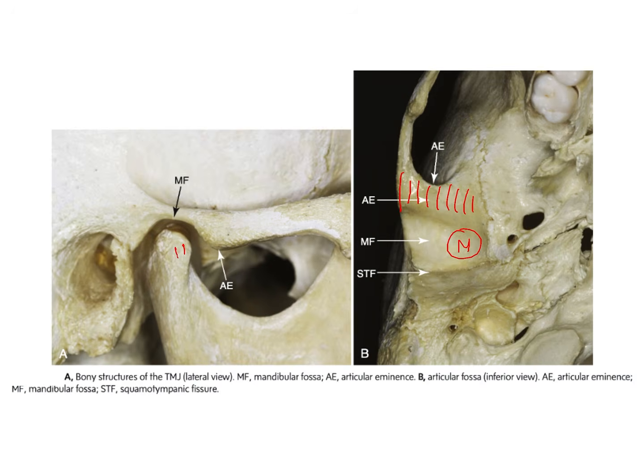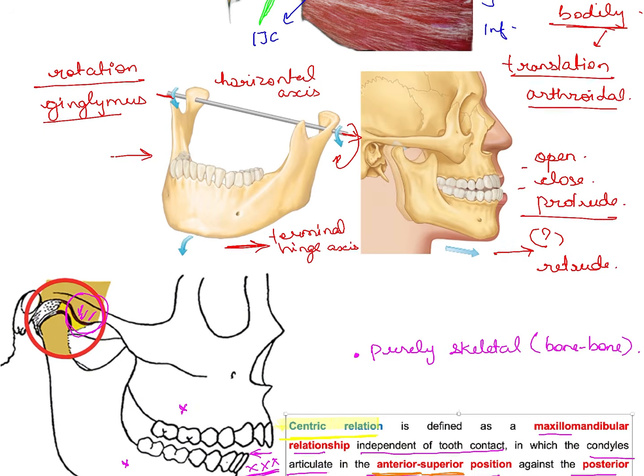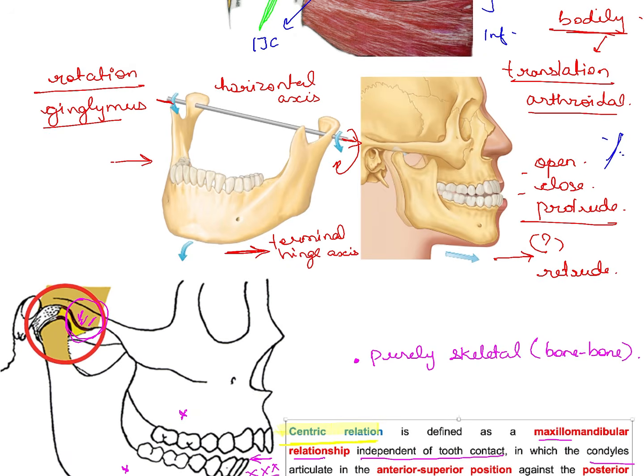So this is your medial pole and this is your lateral pole, articular eminence, right? This is the posterior slope, this is the anterior slope. So here the condyle is located in superior and anterior direction with regards to the articular eminence. In this position, the mandible is restricted to a purely rotary movement, right? In this position, only a rotary movement is possible and translational movement is not possible. This happens only after a little bit of rotation.